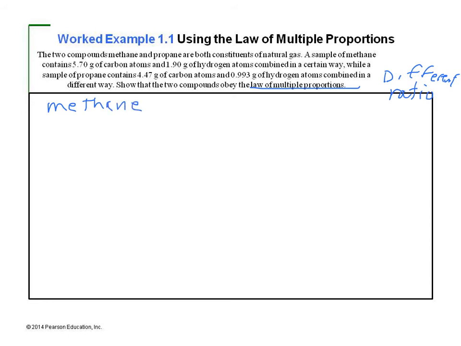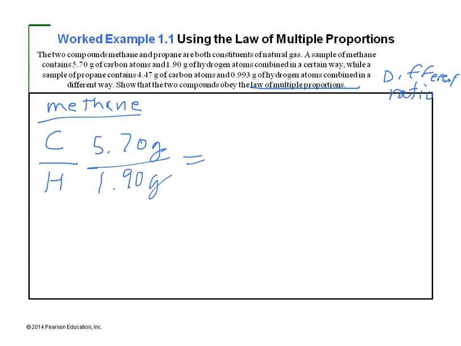Methane, by the way, has nothing to do with meth. Methane is actually the fancy word for swamp gas or natural gas, the same stuff we burn in our stove. Our ratio of carbon to hydrogen would be 5.7 grams divided by 1.9 grams. Punch that into my calculator here.